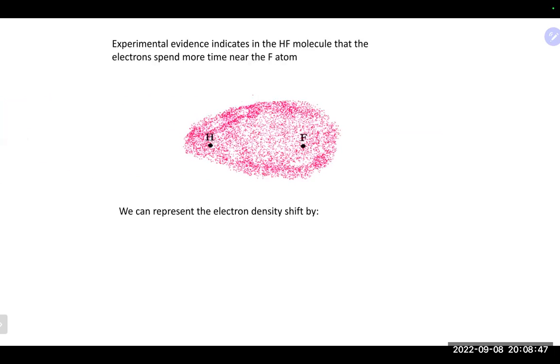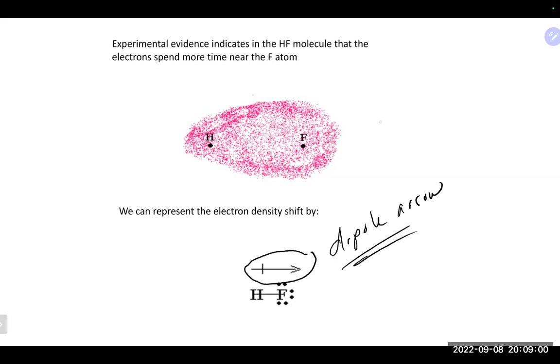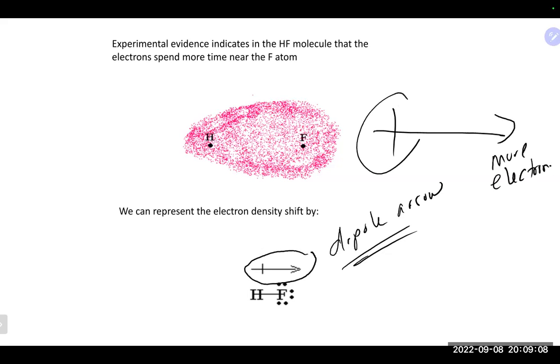All right. So once again, this is a very common way that polar bonds are represented. This is what is sometimes referred to as a dipole arrow. And again, it always points to the more electronegative side, and this side is always the less electronegative side.